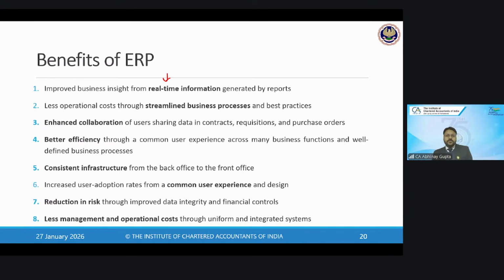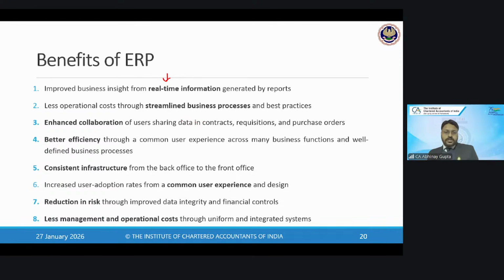Suppose the CFO wants to know what sales have happened since morning till 12 noon. Then they can simply see the ERP and see the sales recorded in those two hours, that is, 10 a.m. to 12 p.m. So ERPs produce insights into the financial data on a very real-time basis, right? As and when you want to see, you will be able to see the live picture.